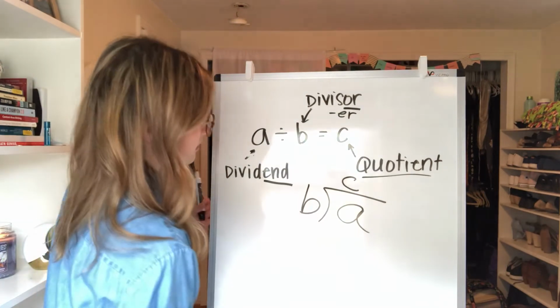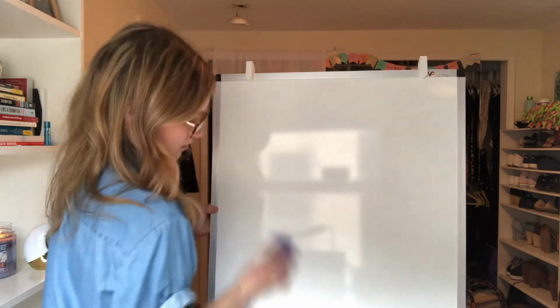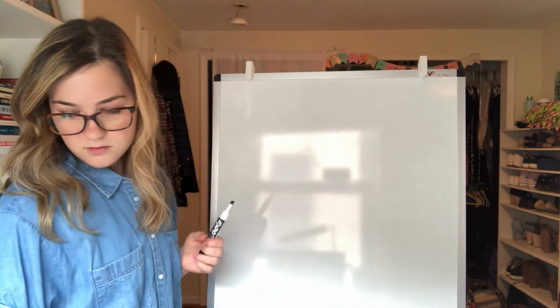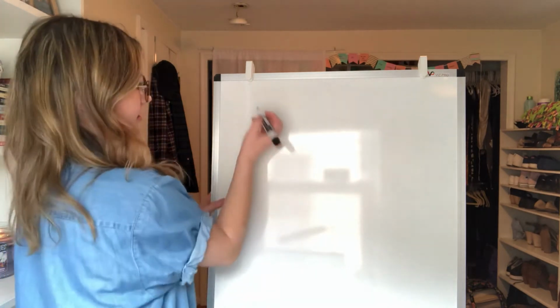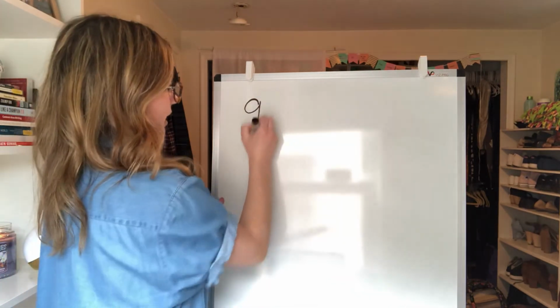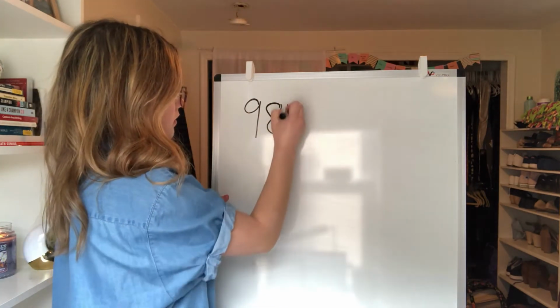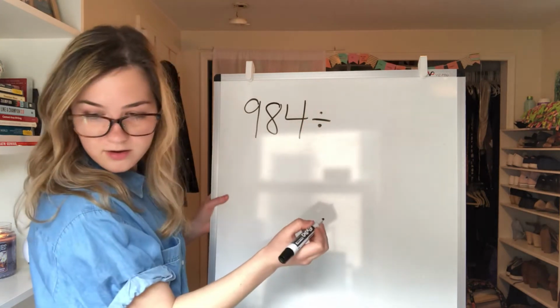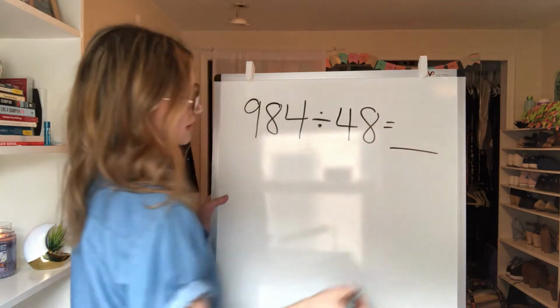Okay, so now let's use actual numbers. If my dividend is going to be 984, and I'm going to divide that by the divisor 48, I want to figure out what my quotient is.